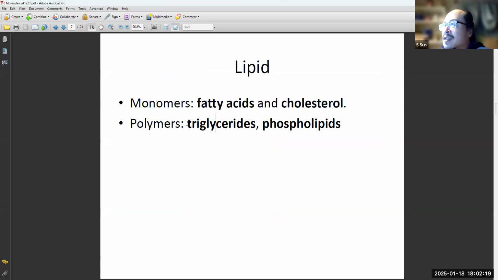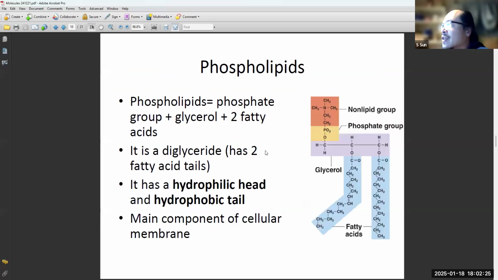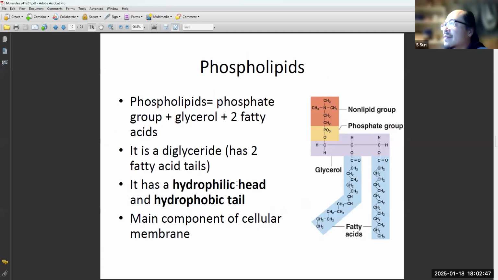A common polymer is the triglyceride. Right here is the triglyceride: glycerol bound with 1, 2, and 3 fatty acids. So that's a triglyceride.